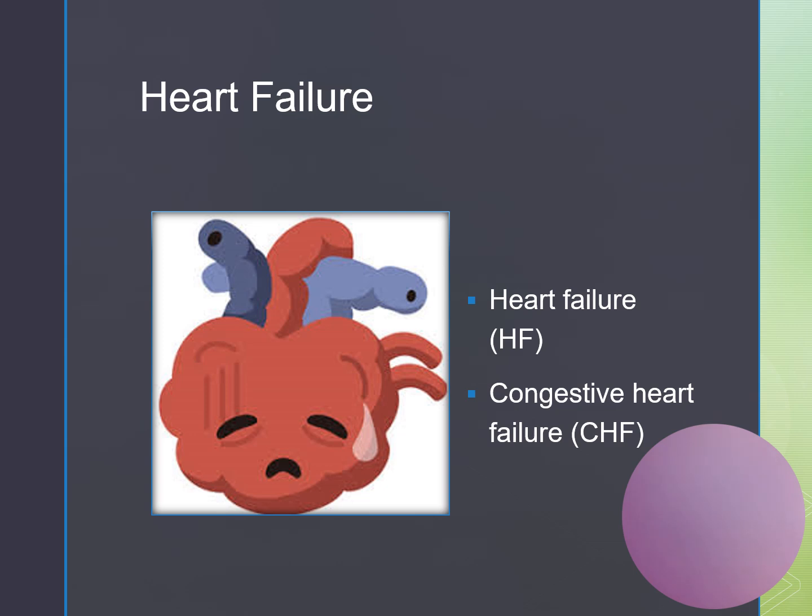With left-sided heart failure, it's going to result from various conditions that impair the left ventricle's ability to eject blood into the aorta. Causes of left-sided heart failure can include myocardial infarction, cardiomyopathy, which is an enlarged heart, and hypertension.